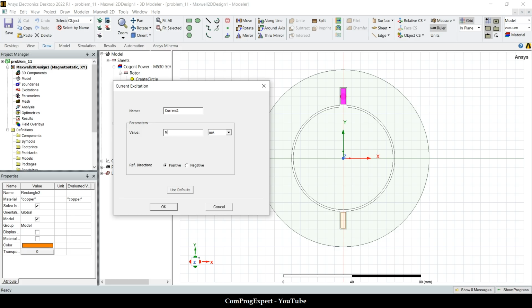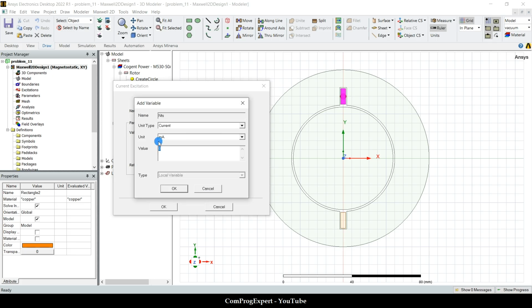This is the number of turns for the stator coil times IS, the stator current. Let's consider 100. This is a unitless variable. The current in the stator, let's consider equal to 10 amps.